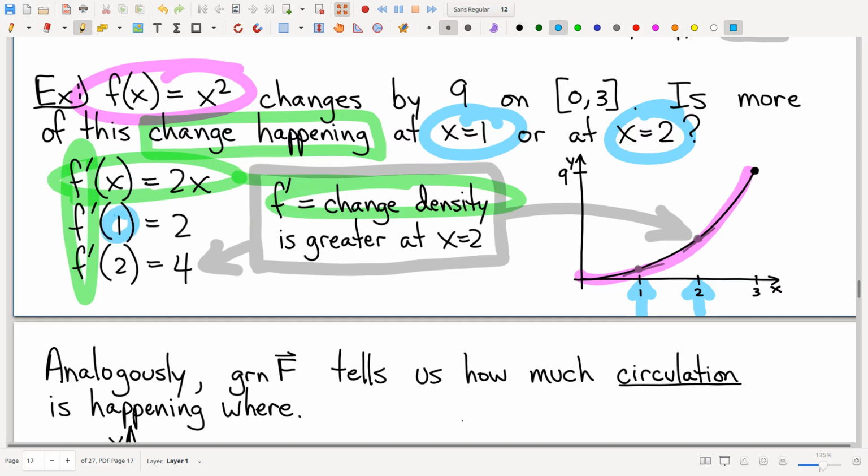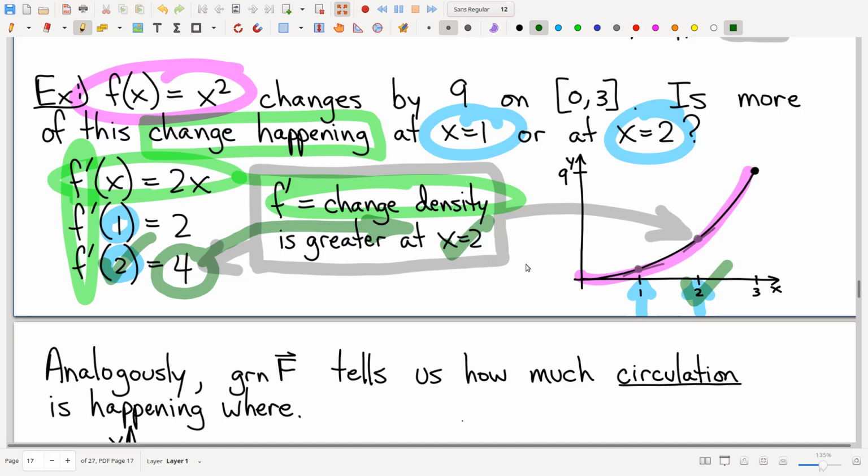Plug in x equals 1, plug in x equals 2, and you can just see where it's bigger. And frankly, it's bigger at x equals 2. No picture required, no geometric intuition required, no previous understanding of slopes required. Density tells you where stuff is happening and how much. Simple as that.